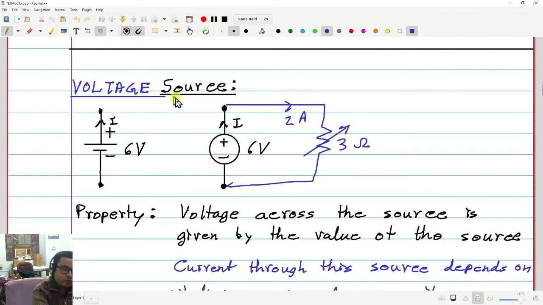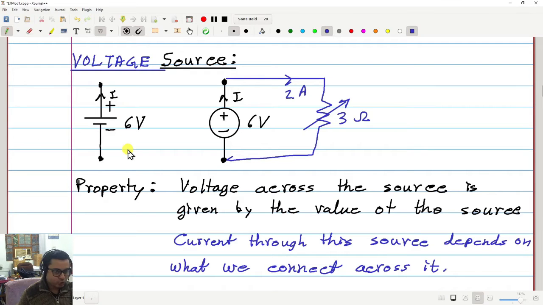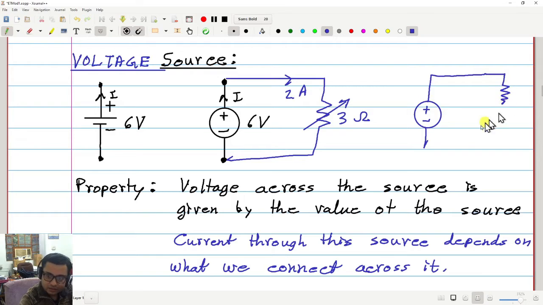Because the value of the voltage is always specified by the value of the source, but the current through it is never known. Current can have any value. In fact, the current can have any direction. Now it is flowing from bottom to top, but if I take the same source and connect a resistance and another source which is stronger than this source, suppose this is 6 volt, this is 12 volt, then the current will flow in the opposite direction.